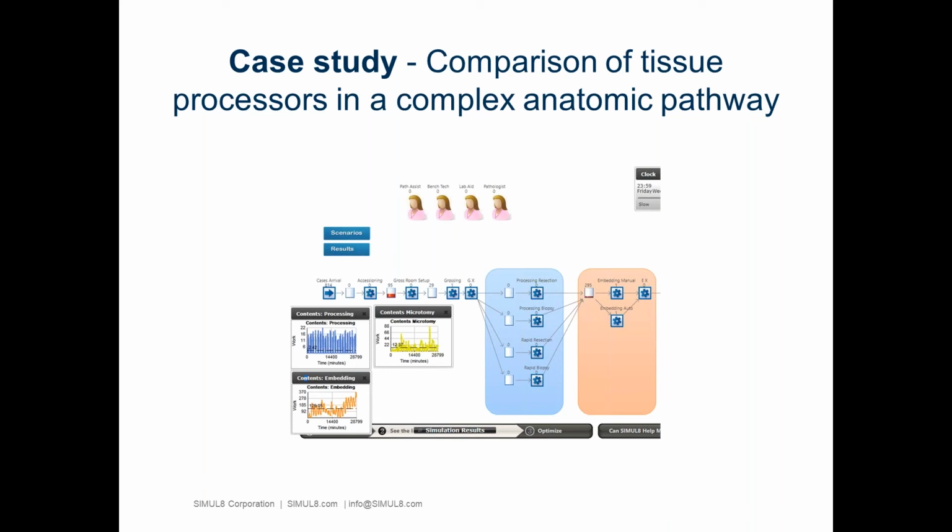So just one example of a project that's been done really well was when we were looking at a histology lab in an anatomic pathology pathway, comparing tissue processors in this pathway. This was being built by the company who would make the tissue processors. In this example, it was really useful because it was a system that had quite little standardization, not many standard processes, and a lot of variation, and that meant it was difficult to collect any data.